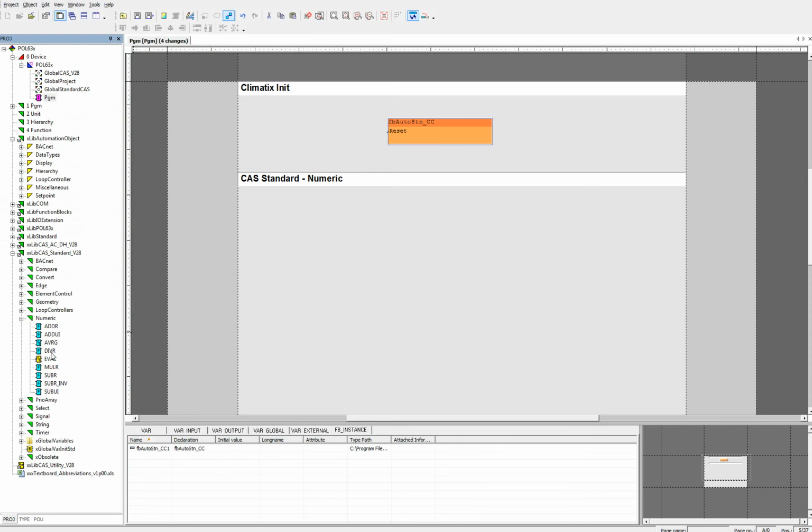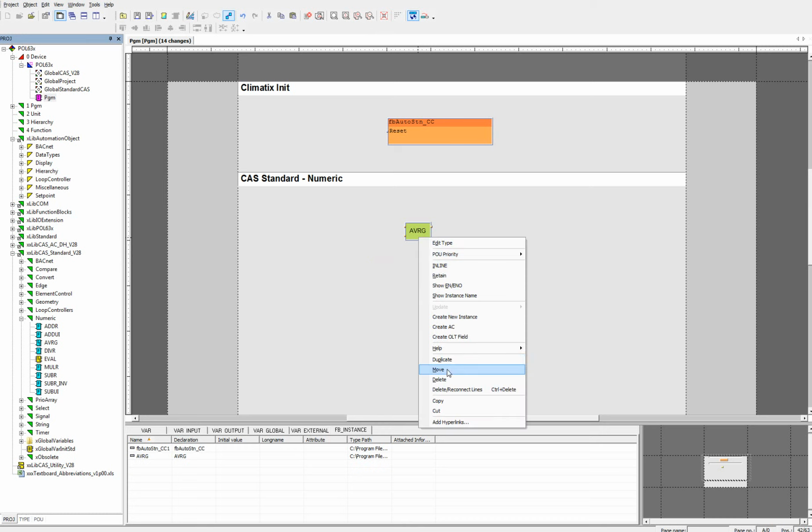The next block in the library is average. Average is just a simple average of two numbers. It's not possible to extend it, or you can extend it by average of average, but then it has a little bit different functionality.